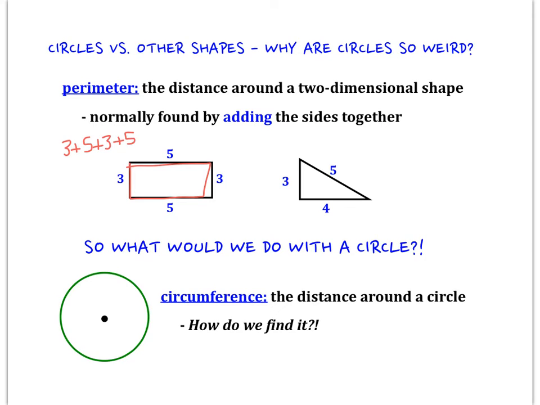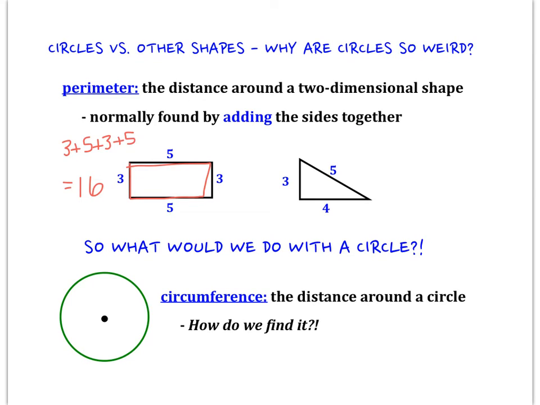I would get that my perimeter here would be 16. Some people like to do 2 times 3 plus 2 times 5, or do 3 plus 5 and then multiply by 2. All of that's great for a rectangle. But again, I added the sides together and I got 16.